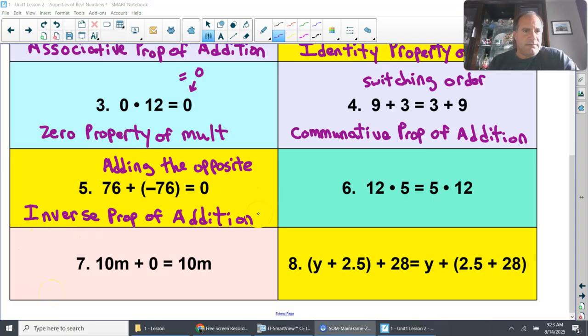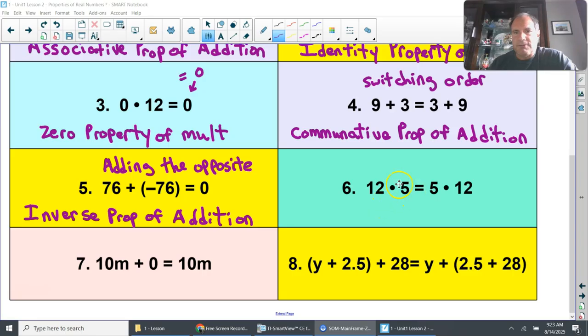And that is inverse property of addition. That's the one that a lot of people do get confused about. Just remember, zero property is only for multiplication. Inverse property is like actually adding the opposite when you're talking about addition.